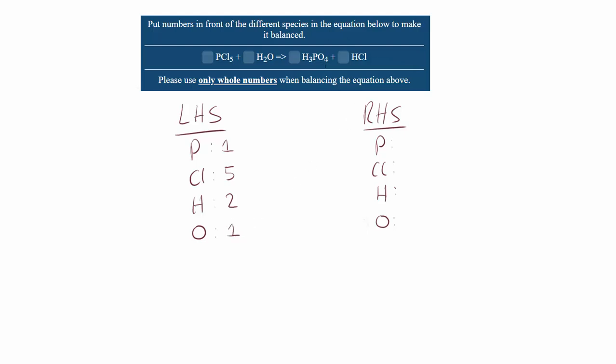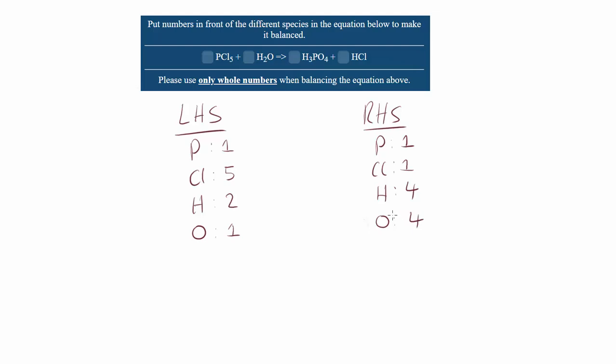Now on the product side, for phosphorus, as you can see, it occurs once. Cl, as you can see, that occurs once. Hydrogen, we've got 3 here and 1 here, so that's 4 times. And as far as oxygen goes, we've got O4, so that's 4.